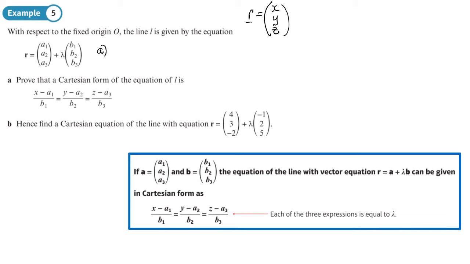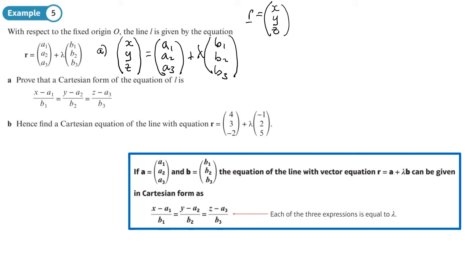So let's put x, y, z instead of r, because that's just a point it generates. Equals this (a1, a2, a3) plus lambda (b1, b2, b3).